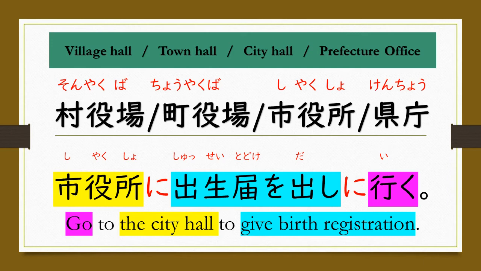A lot of people got confused with this grammar, so I color coded. Look at the English version. Go to the city hall. That's easy. 市役所に行く. The problem is to submit a birth registration, 出生届を出す. That comes in between the first part. We need particle に to connect.